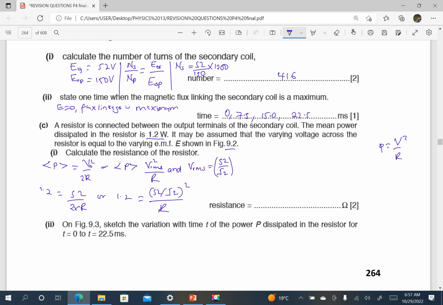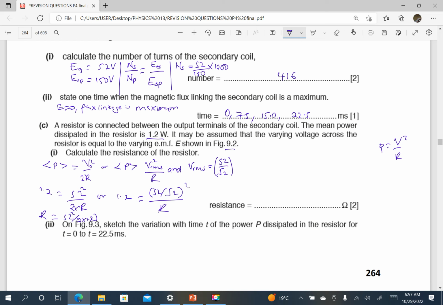For the first case, when you make R the subject, R is going to be 52 squared, it is actually 52 squared, not just 52, divided by, open brackets, 1.2 times 2.